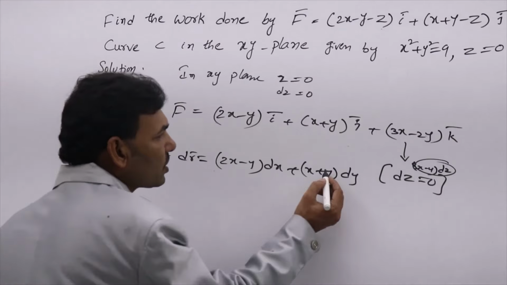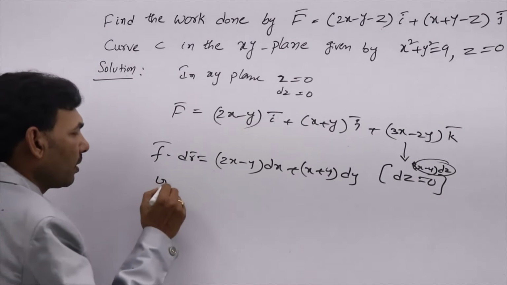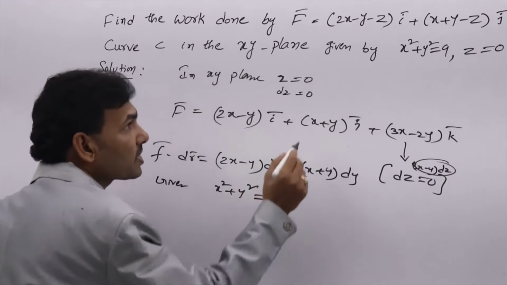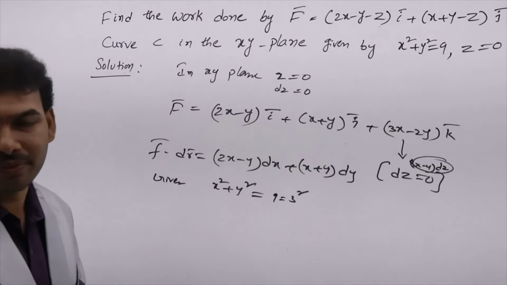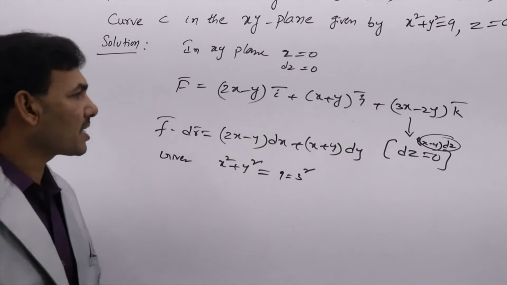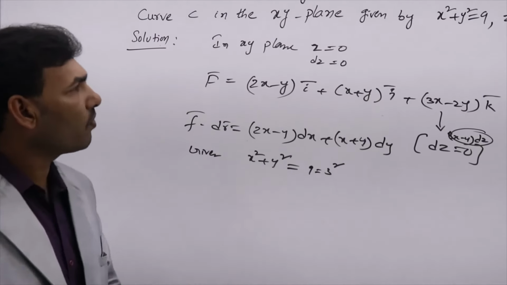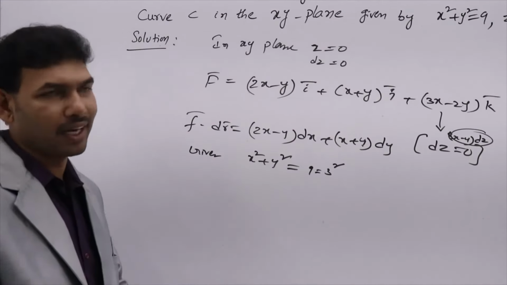We need to evaluate this along the circle. The given circle is x square plus y square equal to 9, which is 3 square. Whenever you have a circle equation in the region of integration, you can convert the given integral into polar form and easily evaluate it.